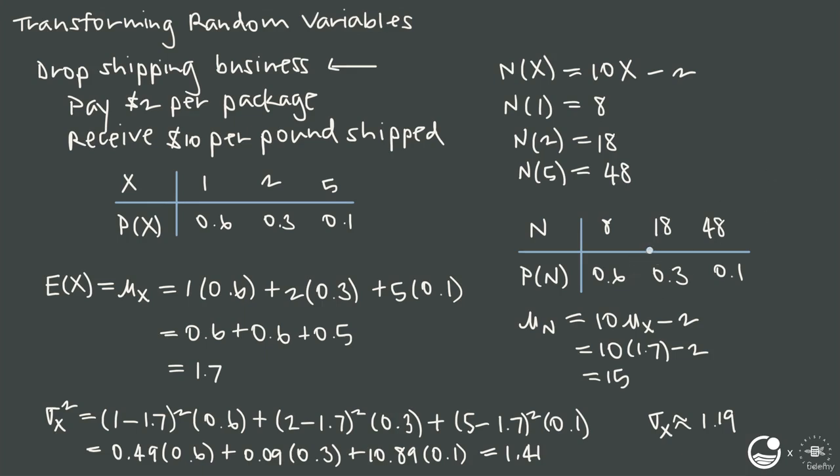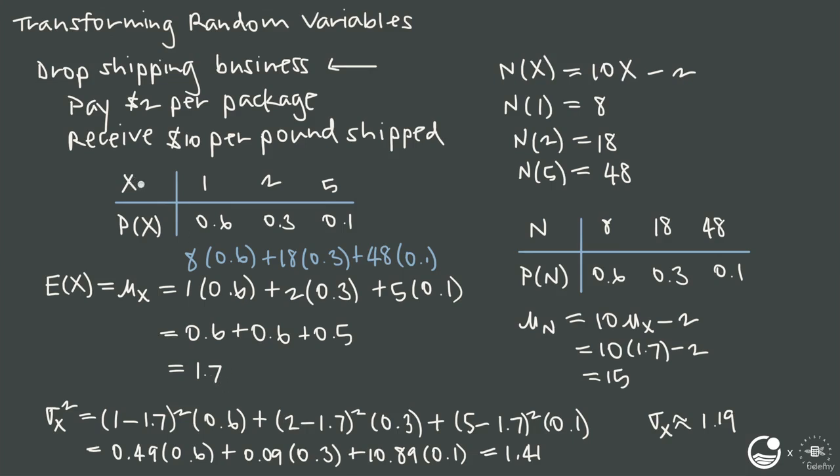And of course, we would find that same value if we used this same calculation we did before, where we take 8 and multiply it by 0.6 plus 18 times 0.3 plus 48 times 0.1. So we could have calculated it that way, but instead of going through all that math, we can just scale and shift the mean we already found, since n is just a shifted and scaled version of the original variable x.